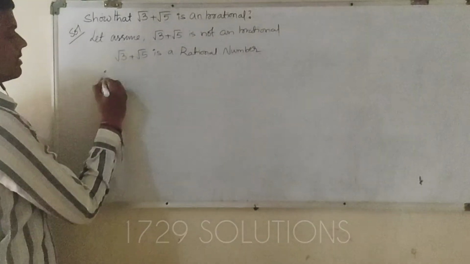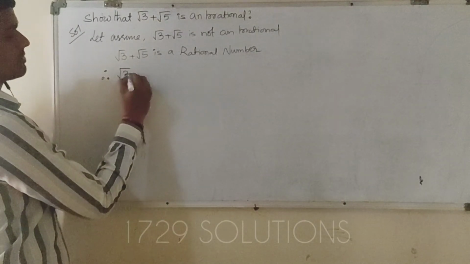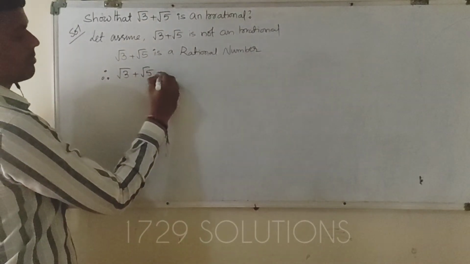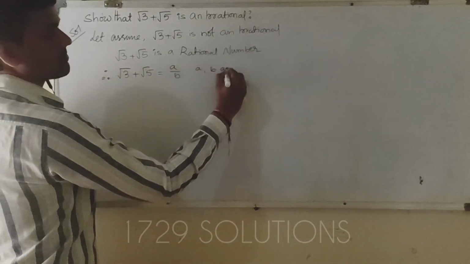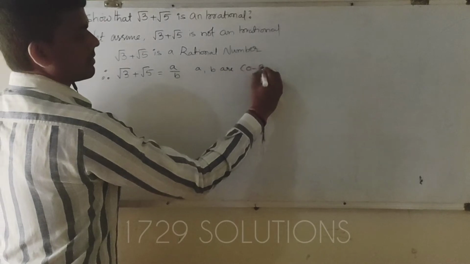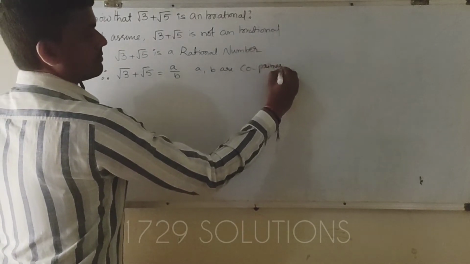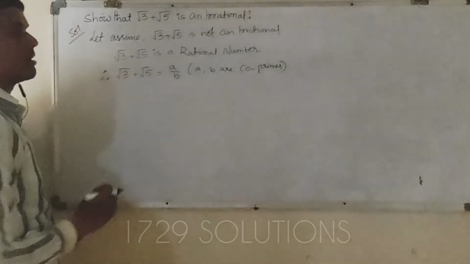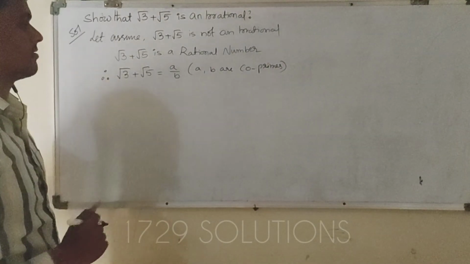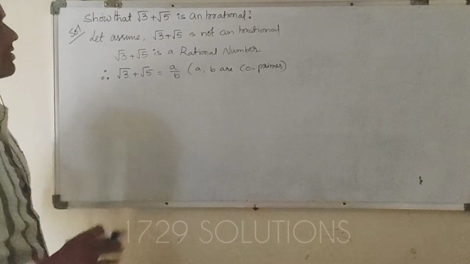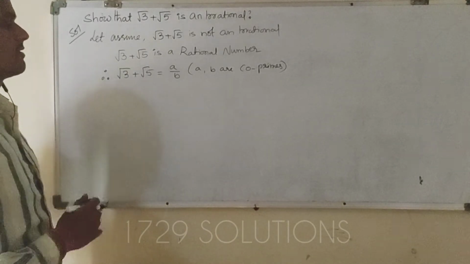If it is a rational number, we can write root 3 plus root 5 in the form of a by b, where a and b are co-primes. Yes, these are the three steps common for every problem of showing that a number is irrational. Remember, everyone. From here onwards we are going to give different steps.